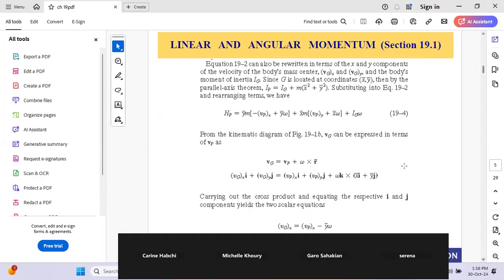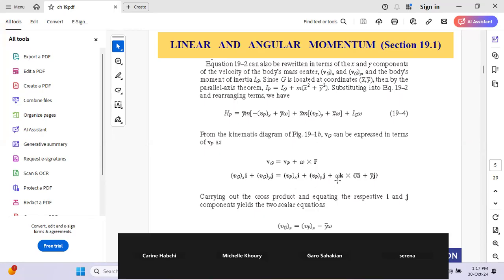So we can correlate the velocities of points G and P by writing Vg equals Vp plus omega cross PG, which is vector R bar. So we can replace R bar by X bar I plus Y bar J. If we do this, if we replace Vpx, Vpy by their expressions as a function of Vgx, Vgy, we will end up with the following relation.